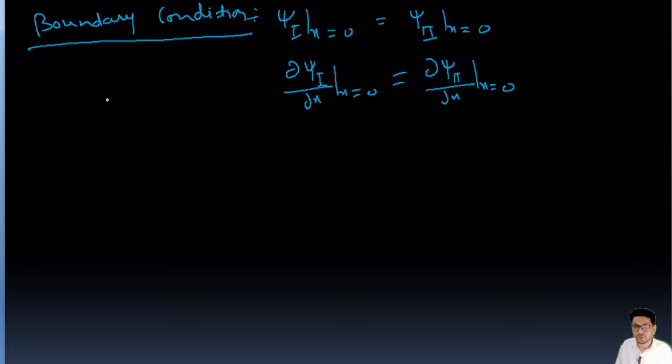Okay, so first, psi 1 equal to a e to the power iota kx plus b e to the power minus iota kx. At x equal to 0, this is the value of psi 1.